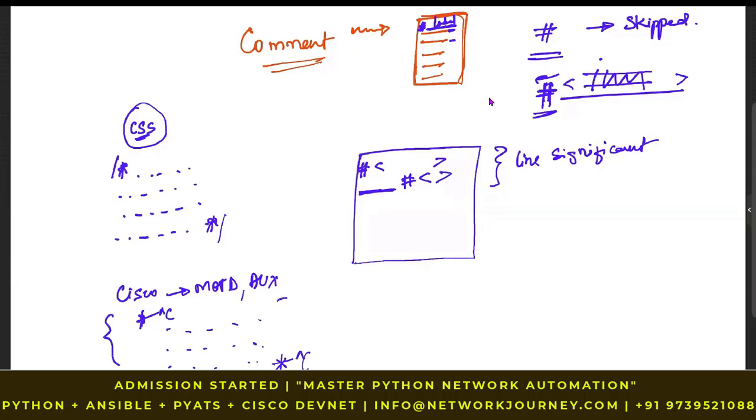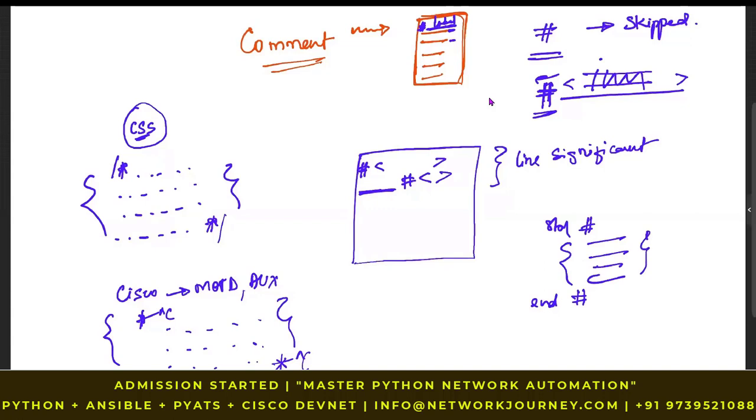So they are like 2, 3 different line-significant approaches. But in Python, we don't have that way. You cannot start with something and consider that this would be the end, this would be the start, and whatever you put would be commented or grayed out. That is not how Python works. In Python, they are always line significant. So whatever you write next to it, only that is getting grayed out, and immediately the next line is actionable. If you want to put something in grayed out, then you can add it at the end.